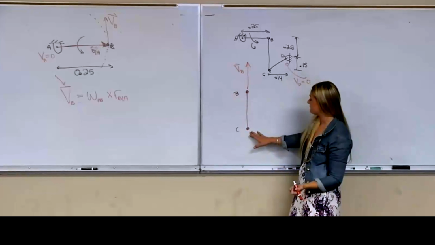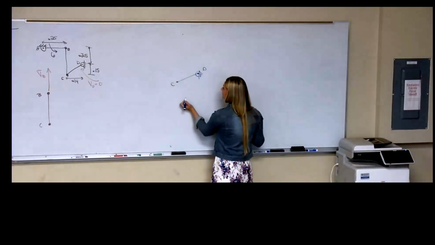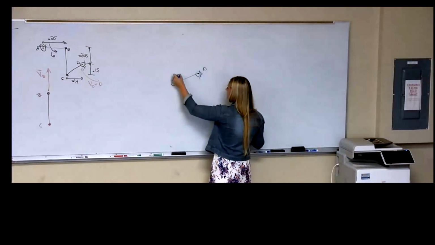So I am going to put a pause on that, and I'm going to say, well, let me take a look real fast at what rigid body CD tells me. Well, C has to rotate about D. Its velocity has to be perpendicular to the position vector, but tangential to the curve.